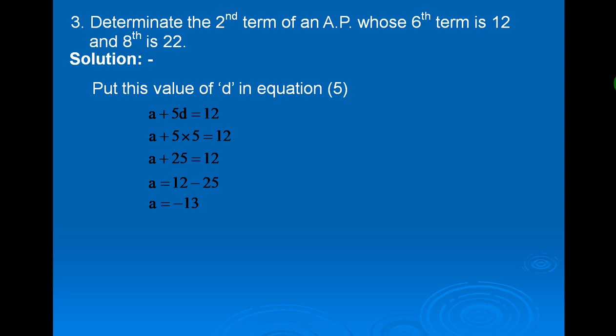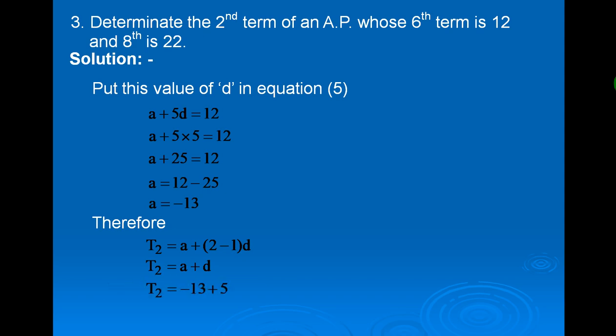Now what we have to find? We have to find the second term. Therefore T2 is equal to a plus 2 minus 1 into d. 2 minus 1 becomes 1. So T2 is equal to a plus d.